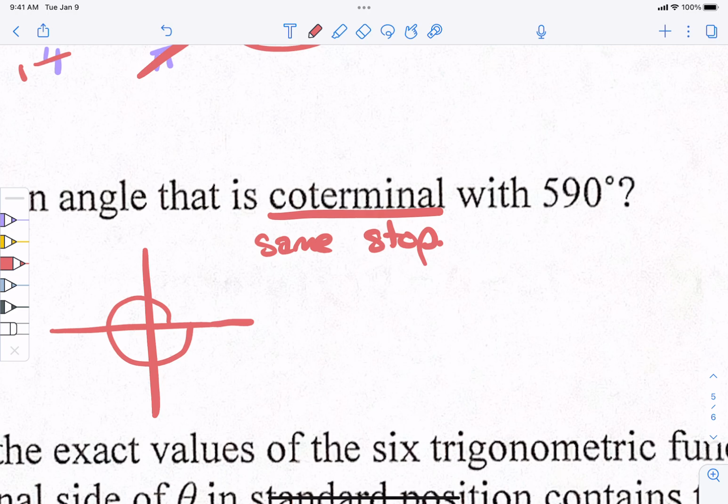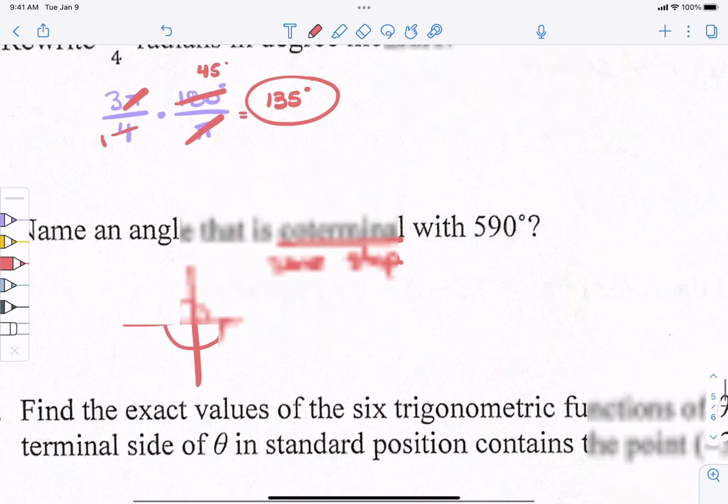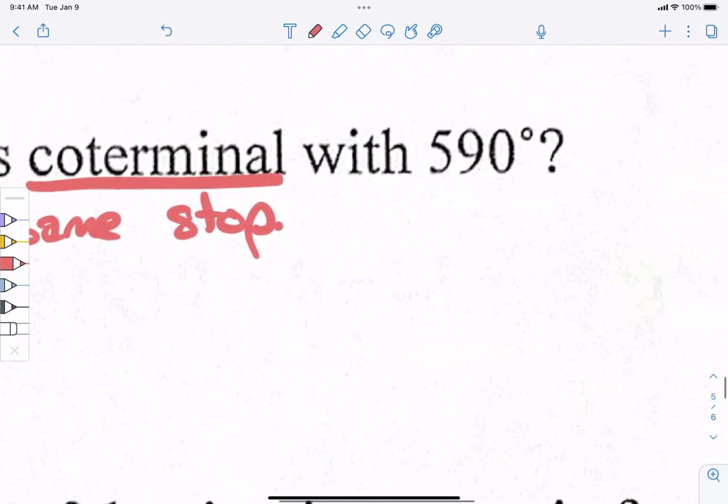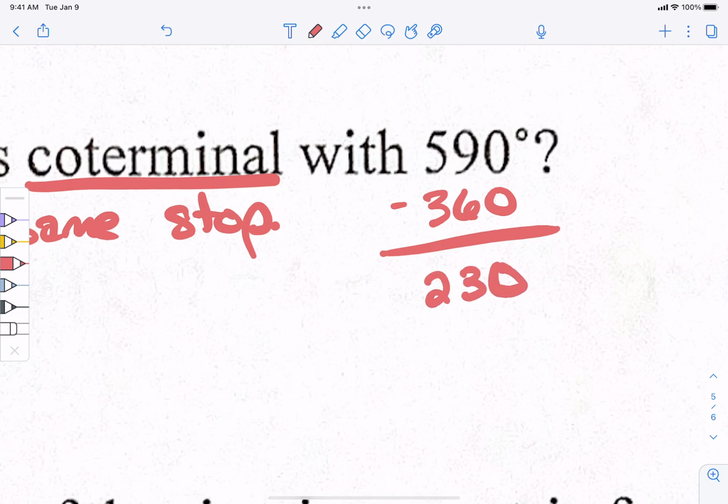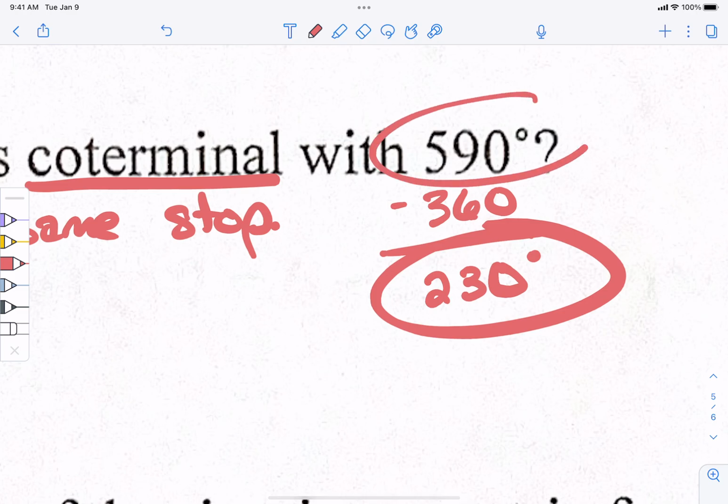And to find a coterminal angle, I either add 360 or subtract 360. So in this case, they don't specify which one you do, so you can add, subtract, it doesn't matter. I'm going to subtract 360 just to make this smaller. So if I do that, that is 230 degrees. So 230 would be the same thing as 590, okay?